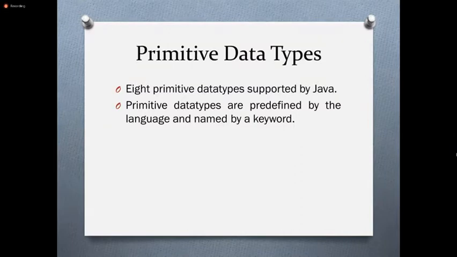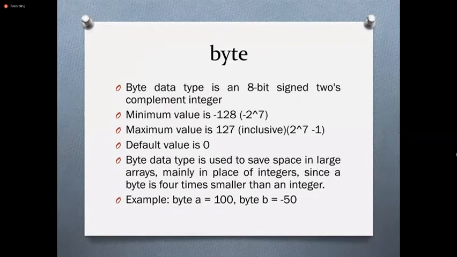When we take the primitive data types, there are 8 primitive data types supported by Java. These data types are predefined by the language and named by a keyword, right? Then we'll take the first one, the byte.